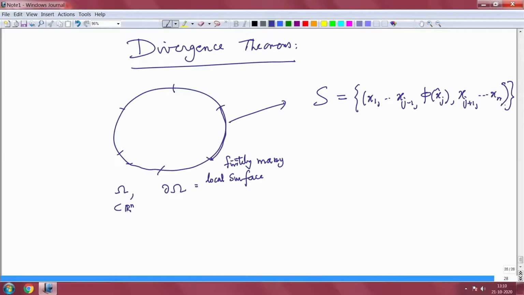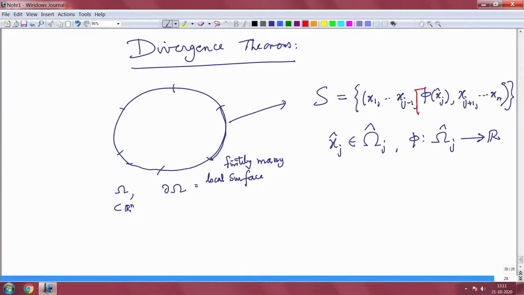Where x j hat is in some n minus 1 dimensional space omega j hat, and phi is a mapping from omega j hat to R.